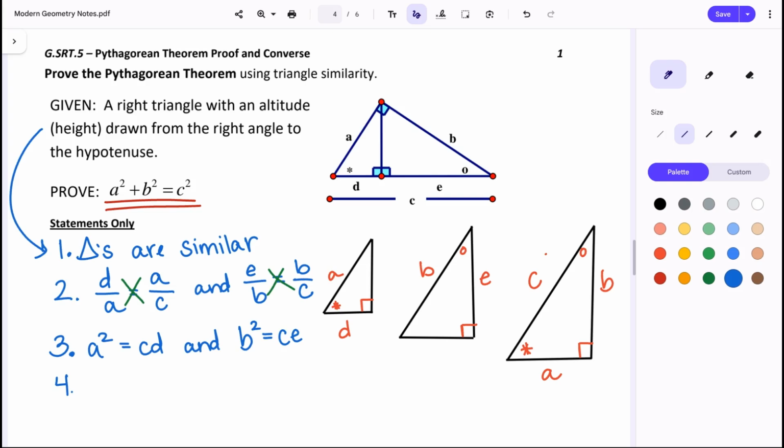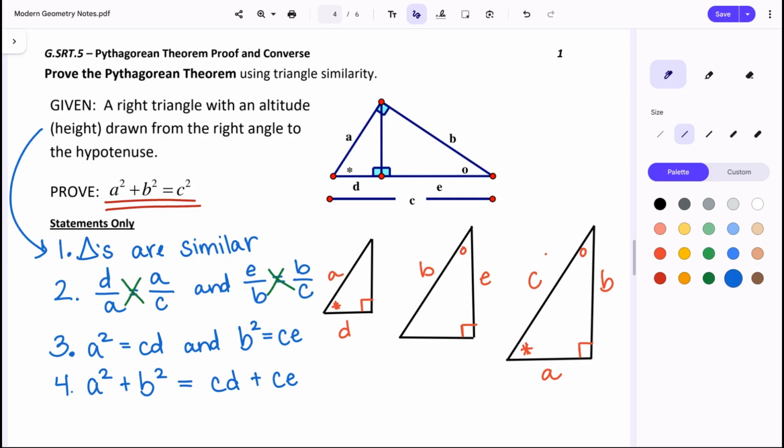So if I have just the a squared and just the b squared and I'm trying to add them together, we know because of the sentences that we wrote in statement number 3 that since a squared equals cd and b squared equals ce, if I add those together, that should equal the same amount as whatever a squared plus b squared is.